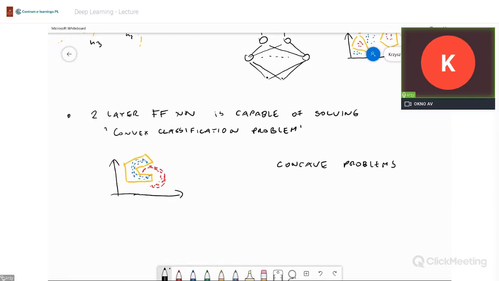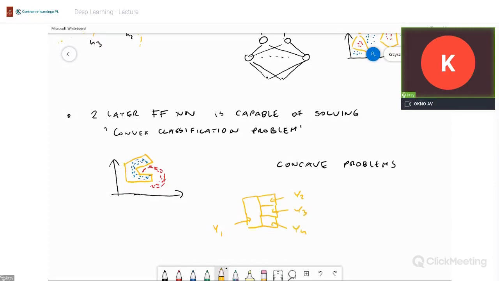Let's assume that I have a decision region that is built by 4 neurons in the second layer. So this is Y1, this is Y2, this is Y3, and this is Y4.